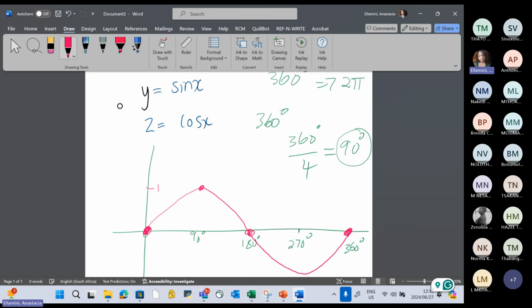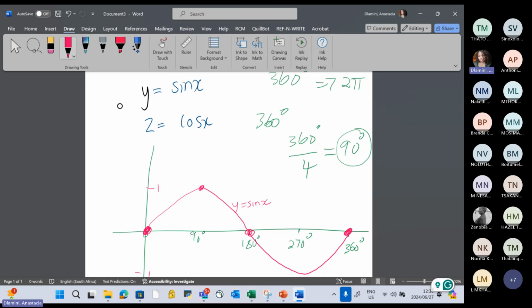Do you see now? This is one complete period of the sine function. Are we all together there? This is y equals sine of x.